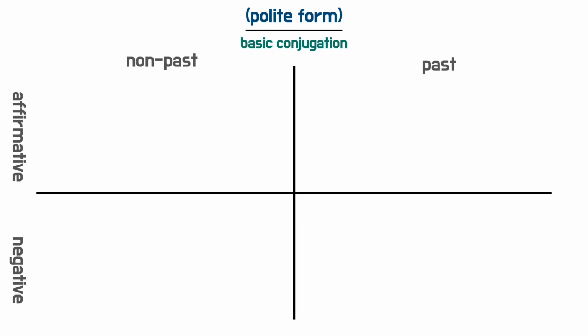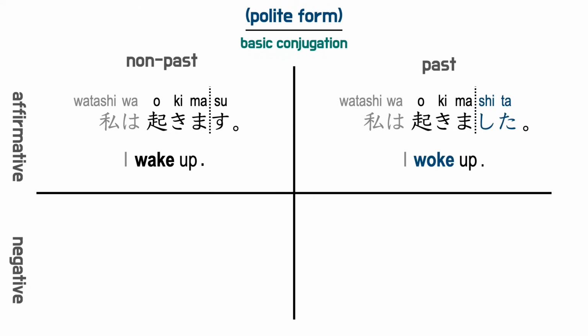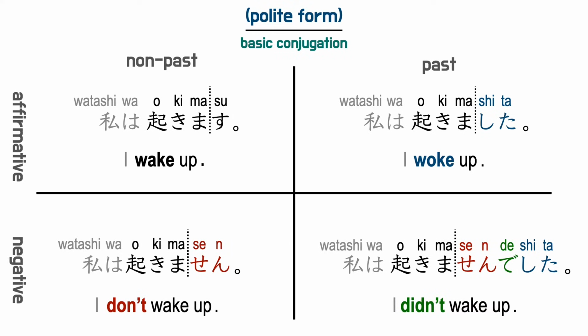Now we will learn basic conjugation of ます form. I wake up. 起きます。I woke up. 起きました。I don't wake up. 起きません。I didn't wake up. 起きませんでした。Very easy, right?